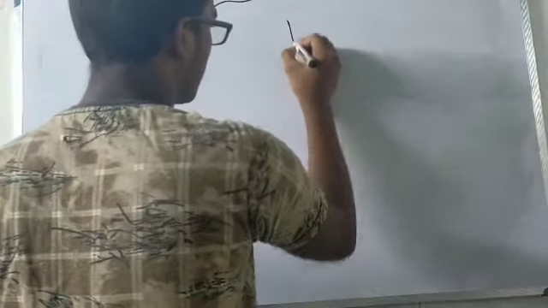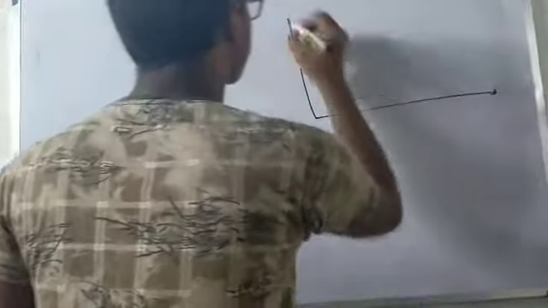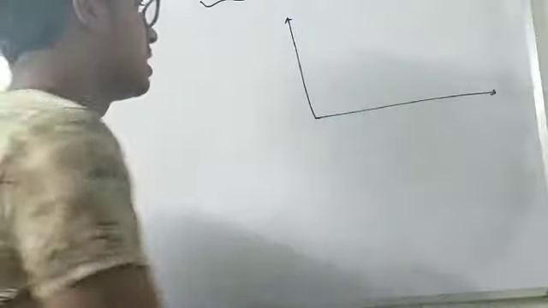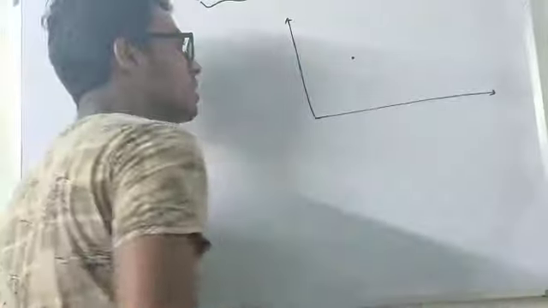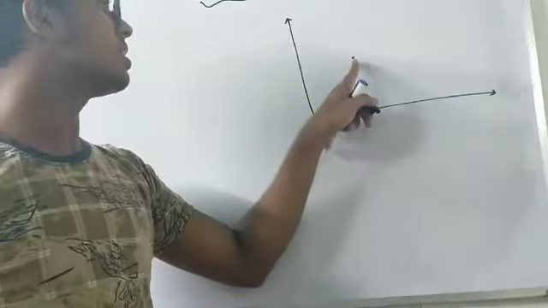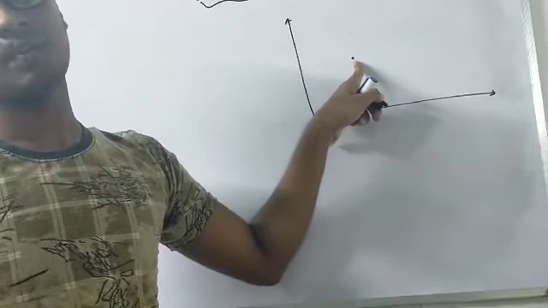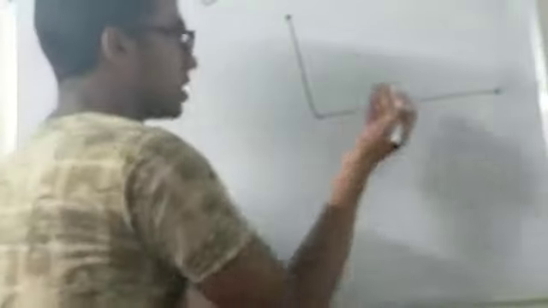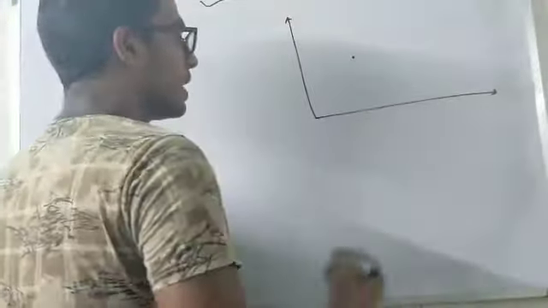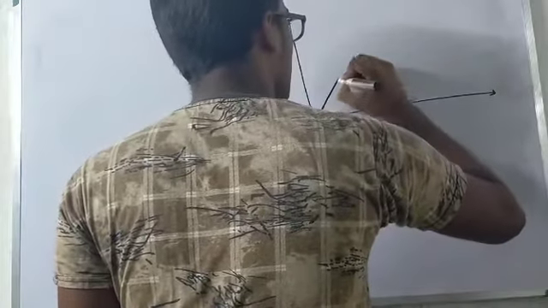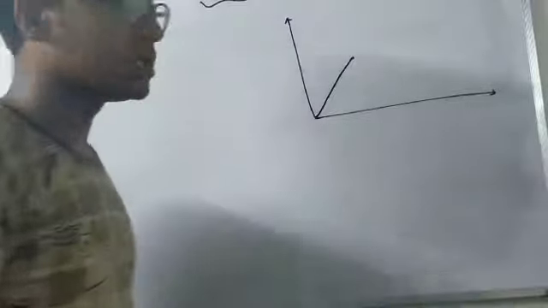Okay, now let's say this is my reference axis, and let's say there is a point in this plane, and I want to specify the position of the point. So what I can do is draw a line from the origin.